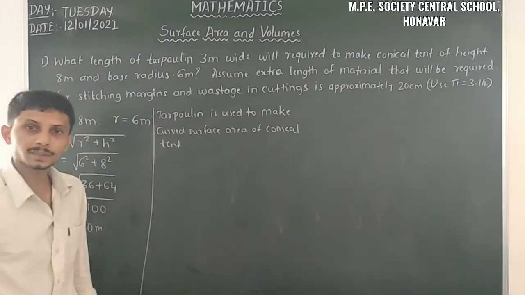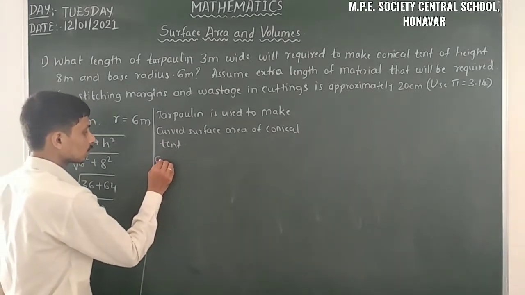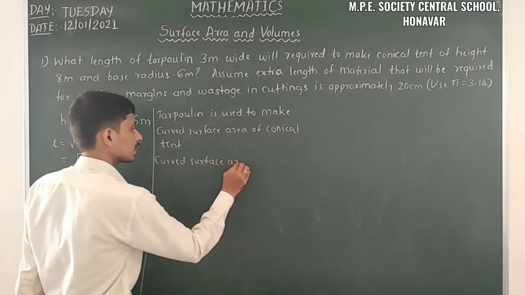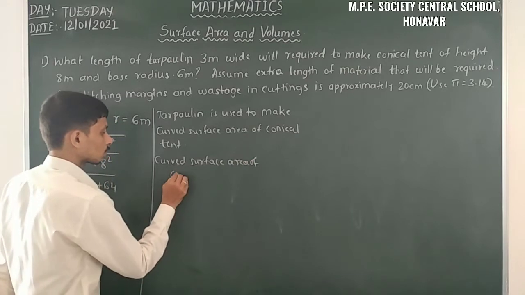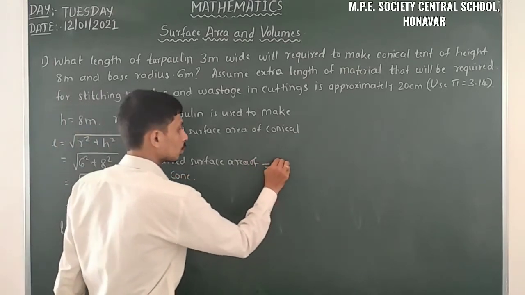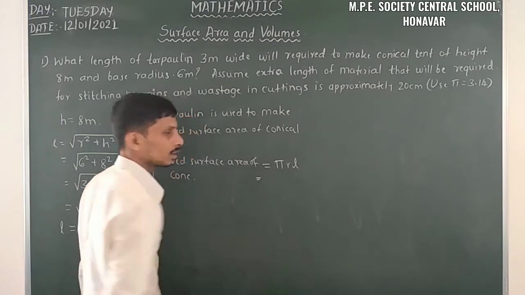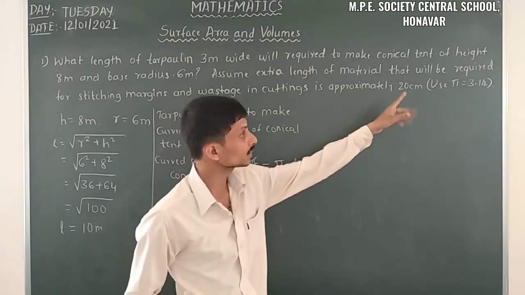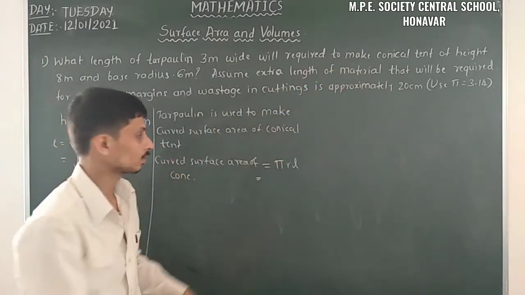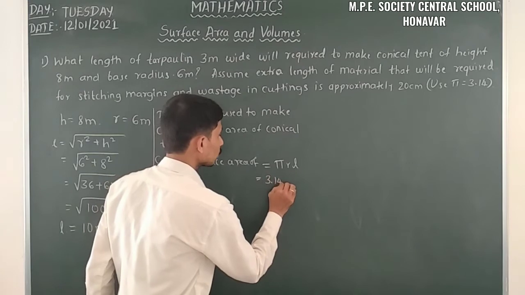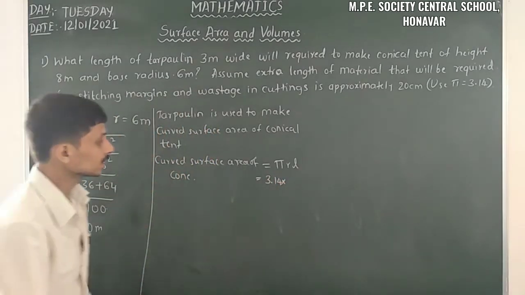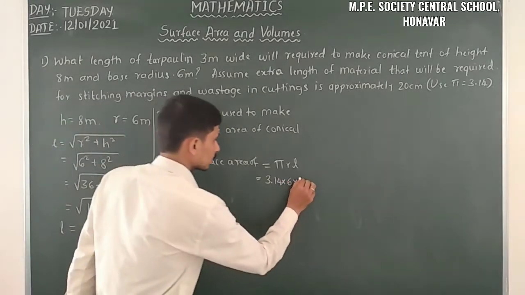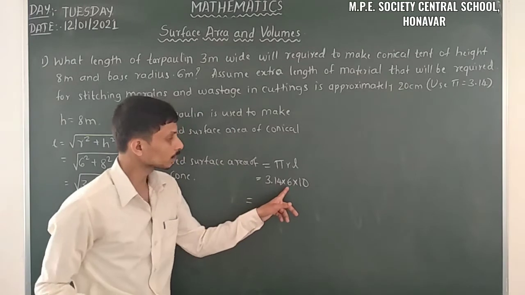That means the curved surface area of the right circular cone is equal to pi r L. So what is the value of pi? Here it is given pi is equal to 3.14, only that we have to take. That is 3.14 into the value of r, which is 6, and the value of L, which is 10. So here we have 3.14 into 6 into 10.